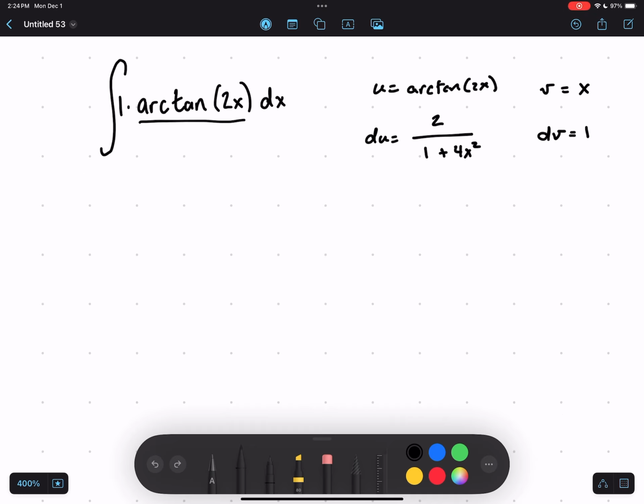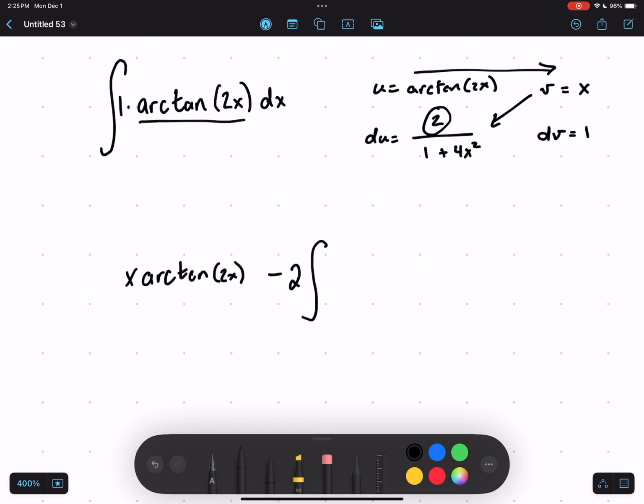And so now that we've got those worked out, we can go ahead and start building our integration by parts skeleton. We'll start just by going across u, v, so we'll say x, that's our v, times arctan 2x, our u, minus the integral of v du, which in this case we have a 2 as our numerator in du, and we'll just kick that out front, and we'll pop the x in its place up top over 1 plus 4x squared dx.